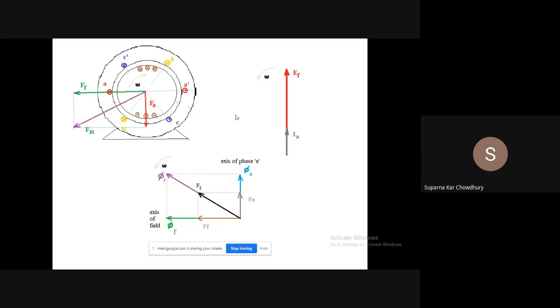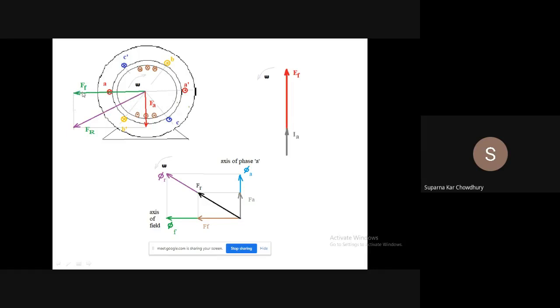But the angle between Ff and Fa is a physical mechanical angle. This is a space phase angle, and this angle between Ef and Ia is the time phase angle. So we are combining these two.